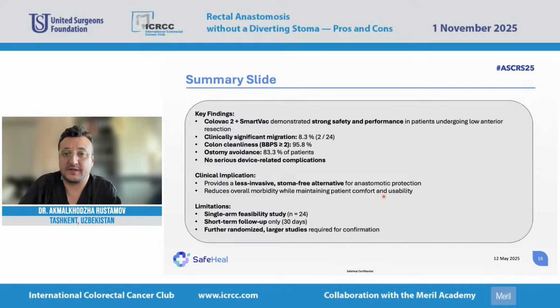In conclusion, the SAFE 2023 study demonstrates that the ColoVac 2 device used with SmartVac is both safe and effective for temporary fecal diversion following low anterior resection. The device showed a low clinically significant migration rate of 8%, excellent colon cleanliness, and ostomy avoidance in over 80% of patients without any serious device-related complications.